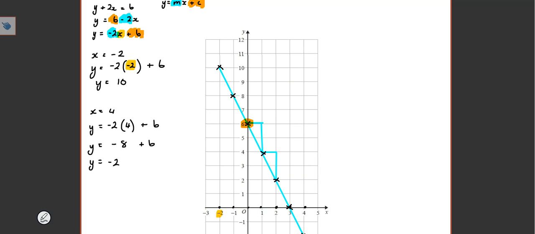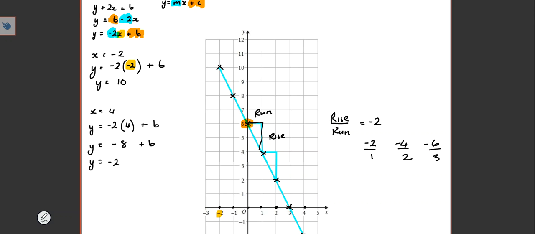How do you know the rise over run? Because it comes in the equation as minus 2. Do you remember the run was this bit? So that's the run, and the rise. We know that the rise divided by the run, which is the gradient, has to equal minus 2. So if the run is 1, that would be minus 2 over 1, or minus 4 over 2, and so on, or minus 6 over 3.